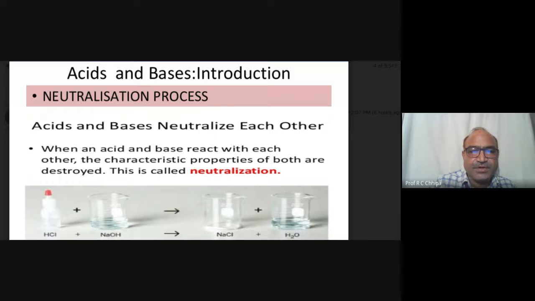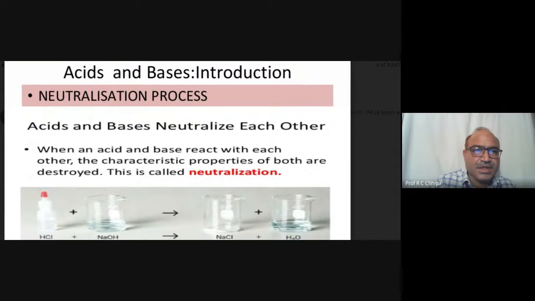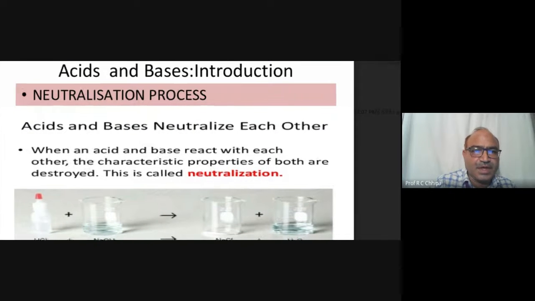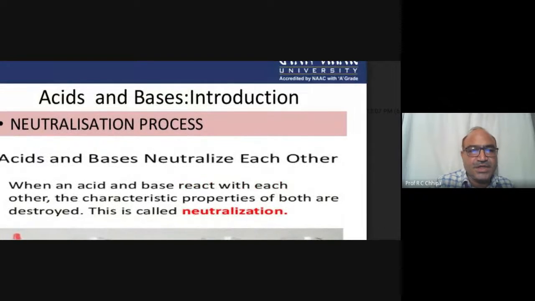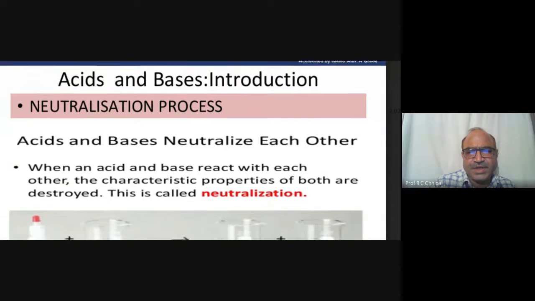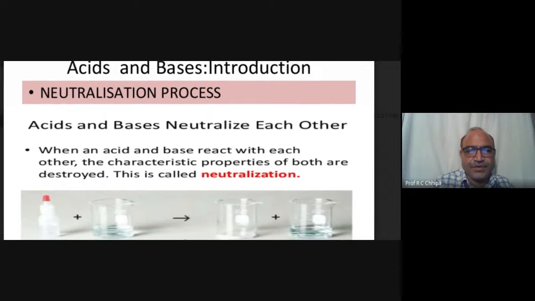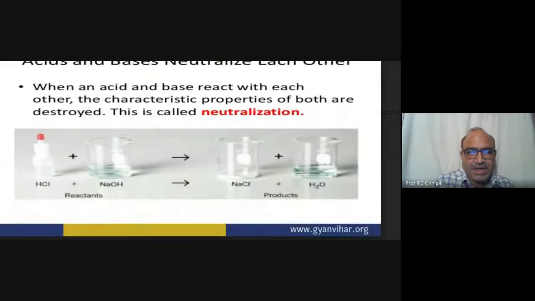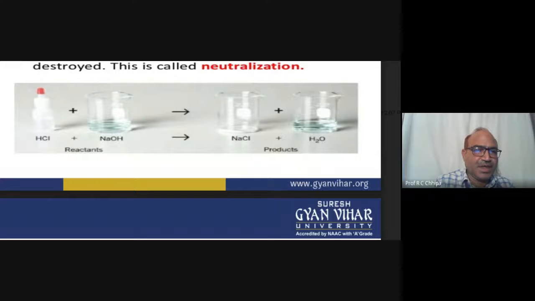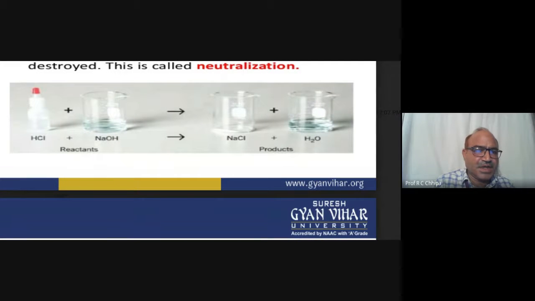In case of the neutralization process, acids and bases neutralize each other. When an acid and base react with each other, the characteristic properties of both are destroyed, neither acid nor base. That process is called the neutralization, in which case we can see the hydrochloric acid and here the sodium hydroxide.